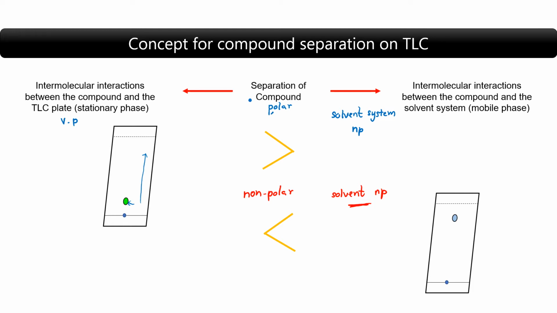So in that case, that compound would be able to move further up the TLC plate as the solvent moves along it. So this is basically the concept behind how compounds get separated on a TLC plate. It all comes back to the polarity properties of the compounds and the polarity properties of the solvent system.